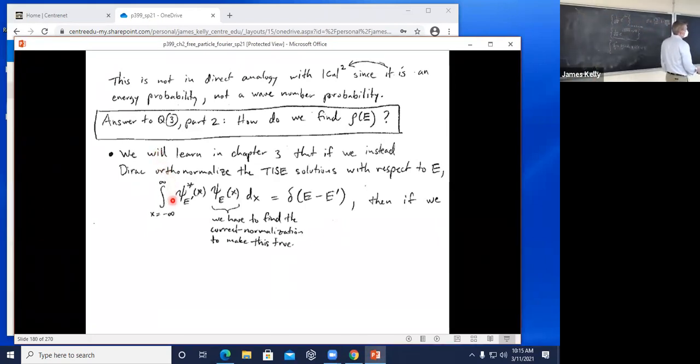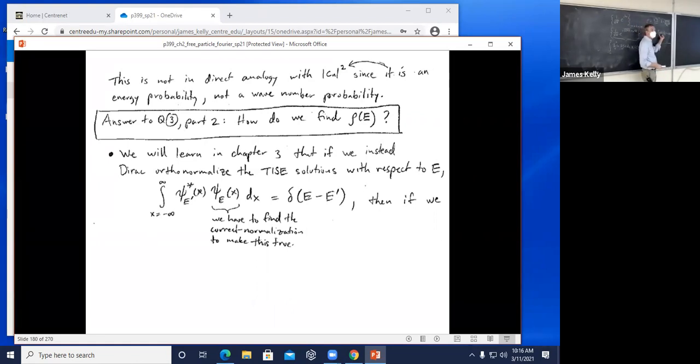I would really like it, if I'm interested in the parameter e, to have this relationship be true, so that if I want to write an arbitrary psi of x and 0 as an integral over all e's of some coefficient, c as a function of e, times psi e of x, integral with respect to e, I could use that delta function to help me solve for this coefficient.